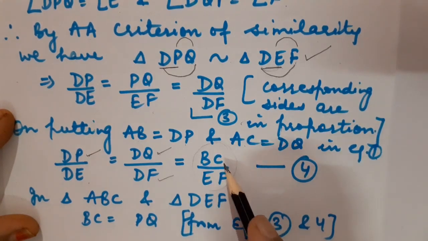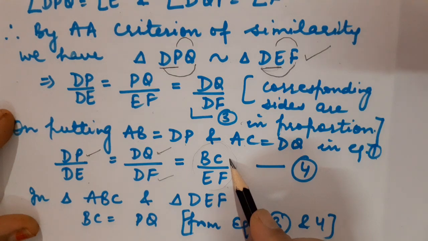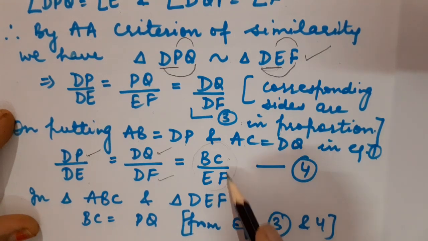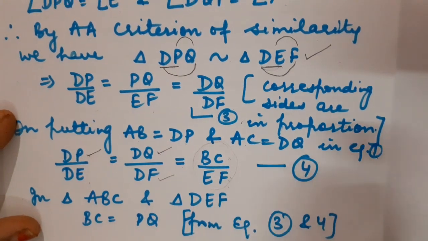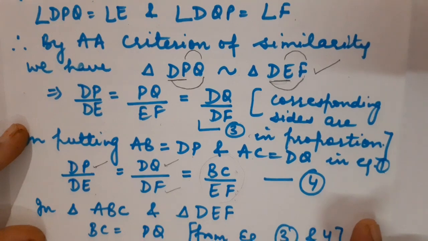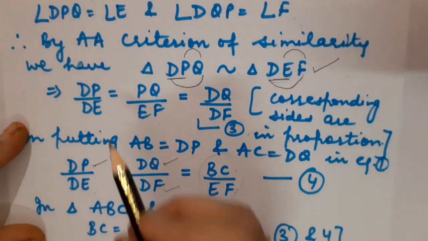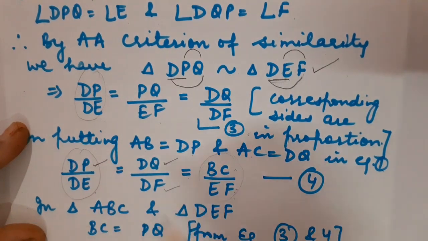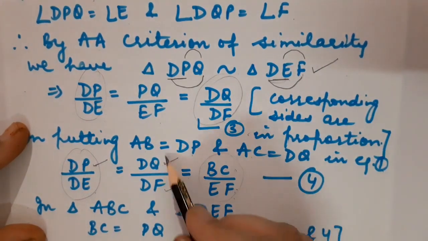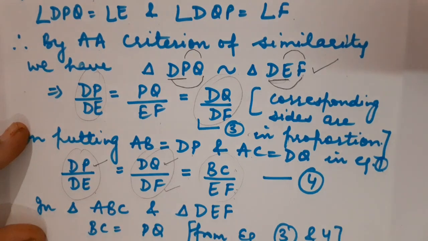But I have not got any relation in construction. I have not taken that whether BC is equal to PQ or not. So definitely the third expression I have to write as it is. So this will be equal to BC upon EF. Now children, just observe equation number 3 as well as equation number 4. DP upon DE, DP upon DE, same. DQ upon DF, DQ upon DF, they are also same.